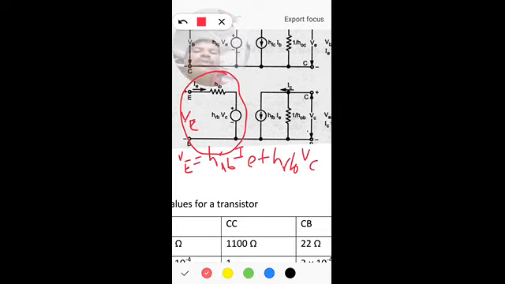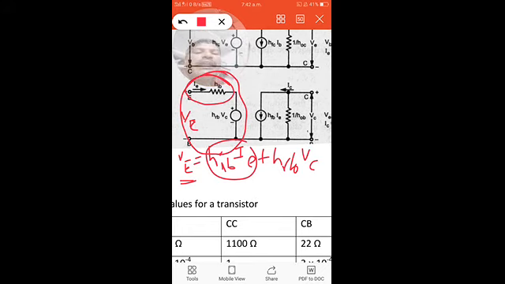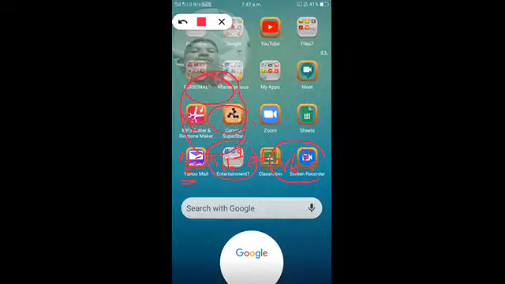So this equation for input voltage is the sum of HIB IE, which is represented here, and HRB VCE, which is represented here.